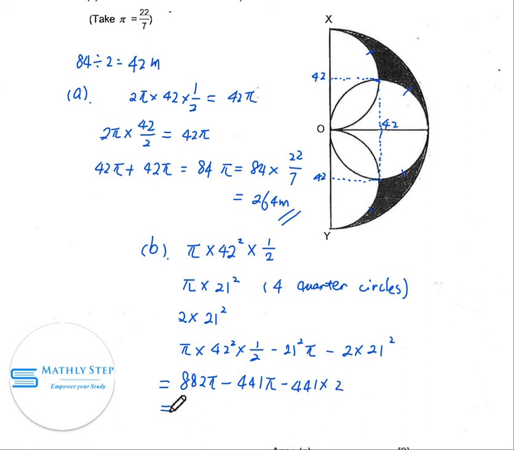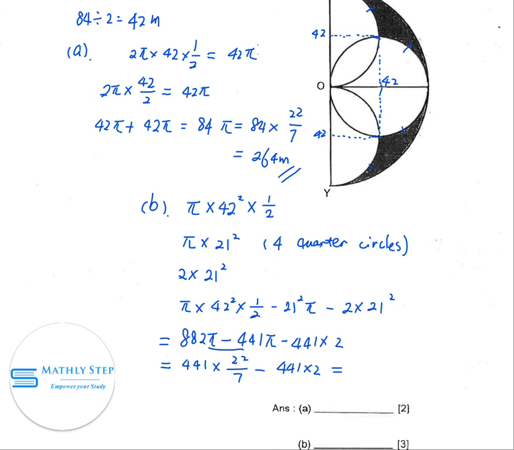So equal to 1 pi. Pi is equal to 22 over 7, minus 1 times 2. This is equal to 504 meters squared. Okay, so this is the answer.